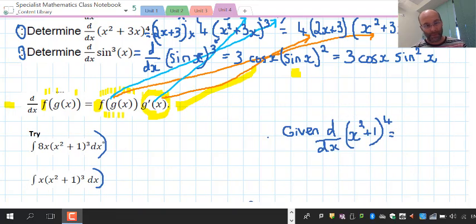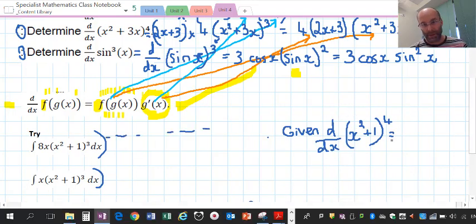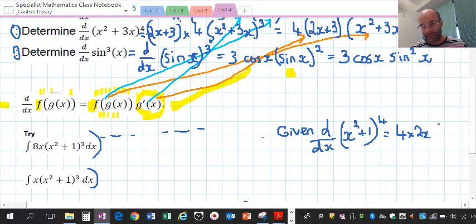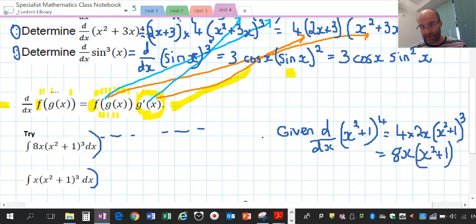Well, for this first one here, given that the derivative of x squared plus 1, all to the power 4, is 4 times 2x, using the chain rule, times x squared plus 1 cubed, which is 8x outside of x squared plus 1 all cubed, which is here.